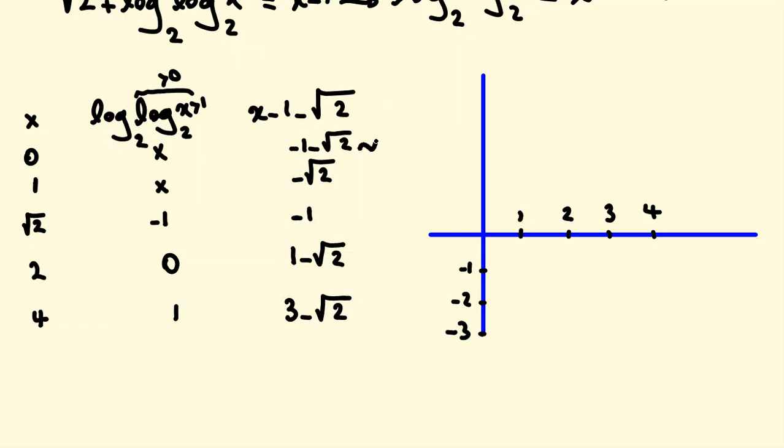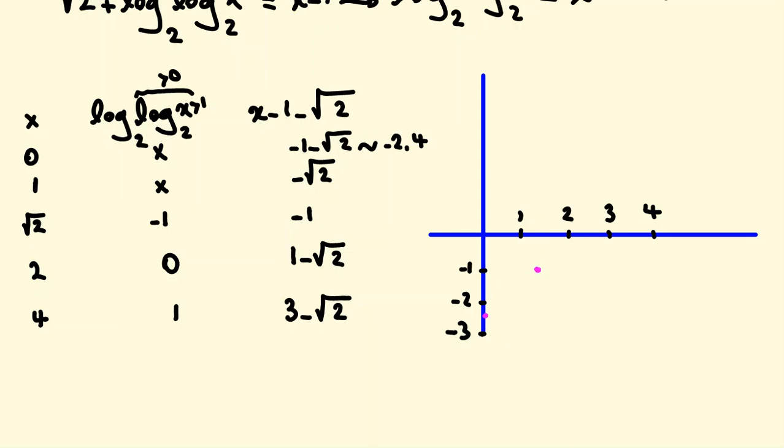It will be around, root 2 is 1.4, negative 2.4. It will be something like, let me draw with pink, something around this, and it is a line, this one. So here also, if I consider root 2 it will be around this. It will be negative 1, so it will be something like here.